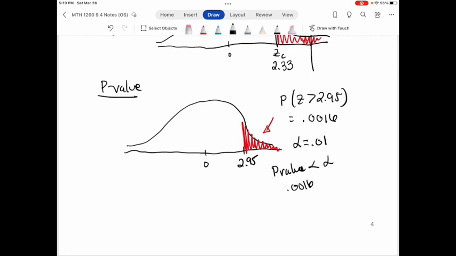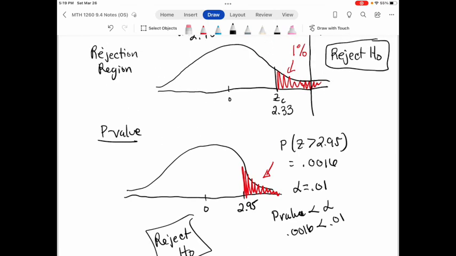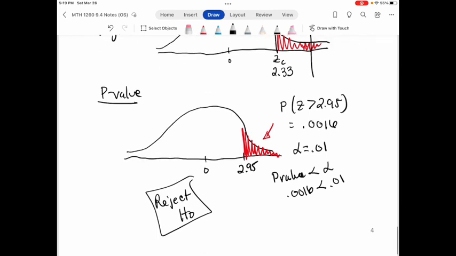So our p-value is less than my alpha because 0.0016 is less than 0.01, which tells me I'm going to reject the null hypothesis. And that matches up with what we got when we did it using the rejection region method. So we know we're on the right track.